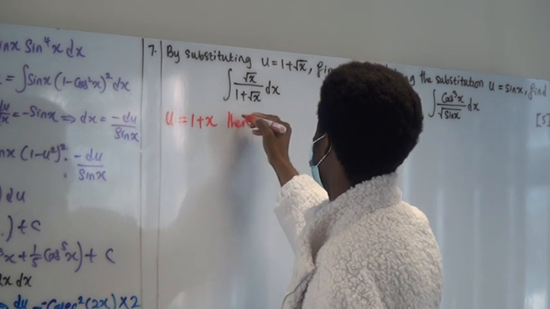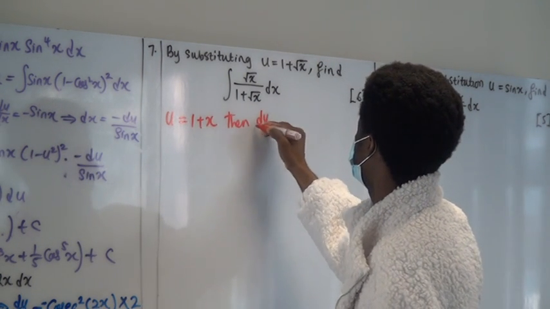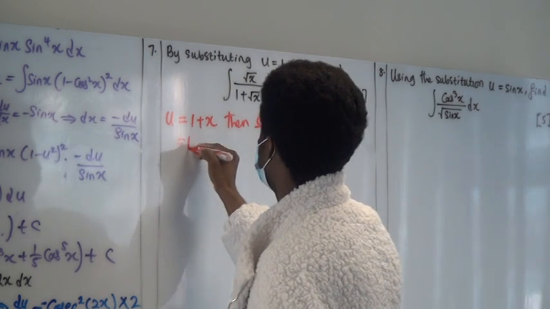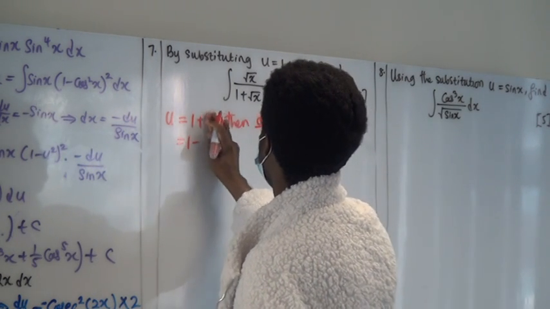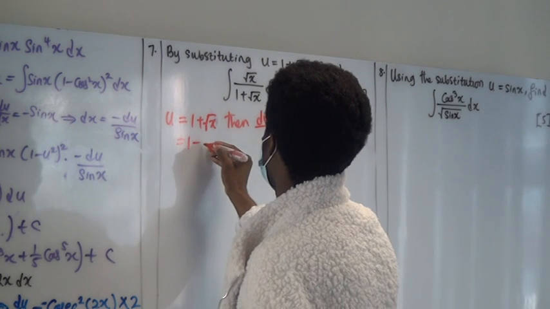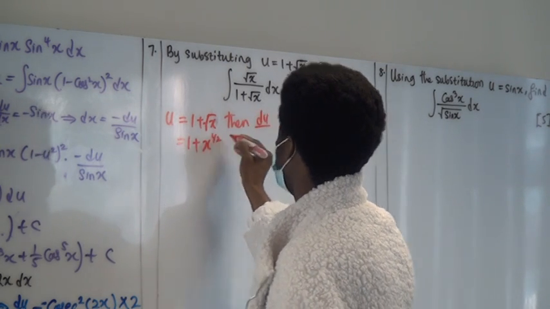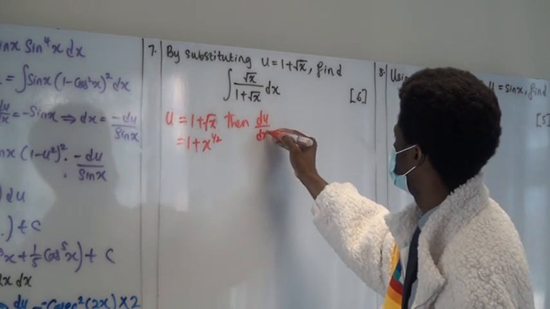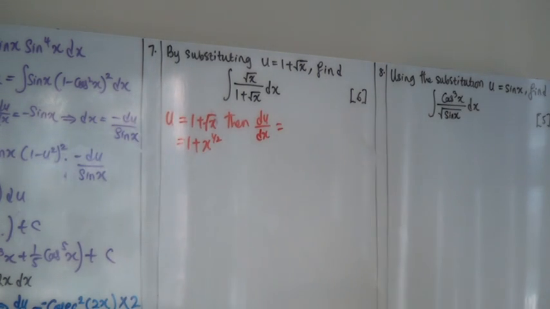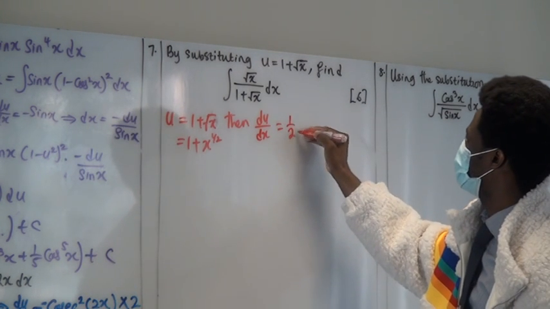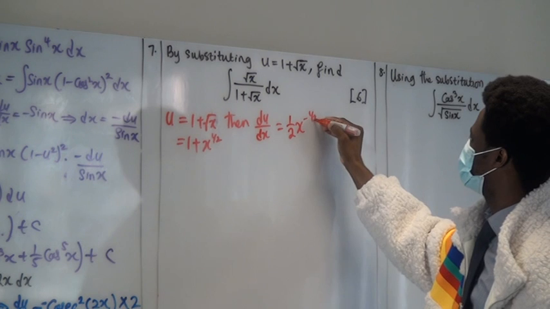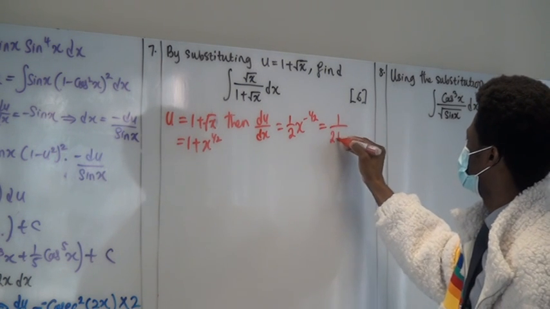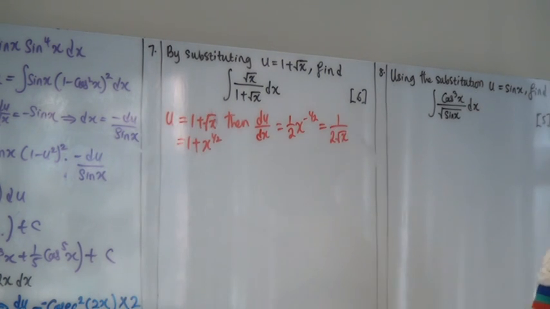Then we can find du dx. So we could first write square root of x as x to the power half, yes? So what's our du dx? Half x to the negative half, which is 1 over 2 root x.